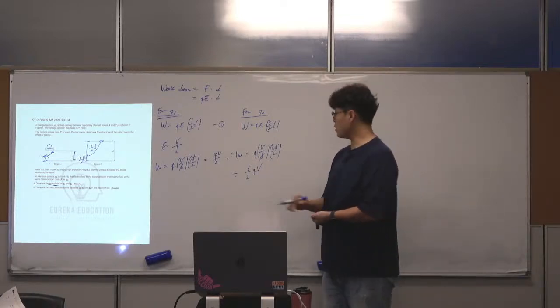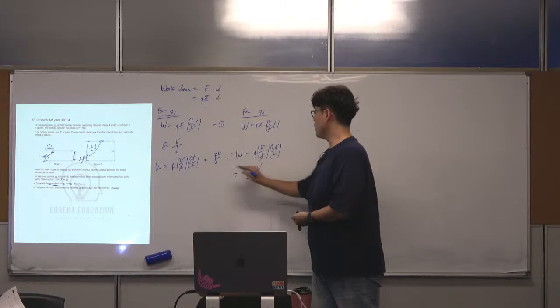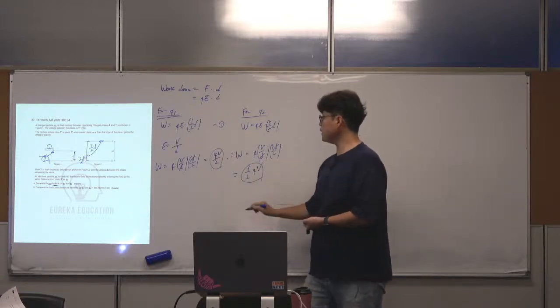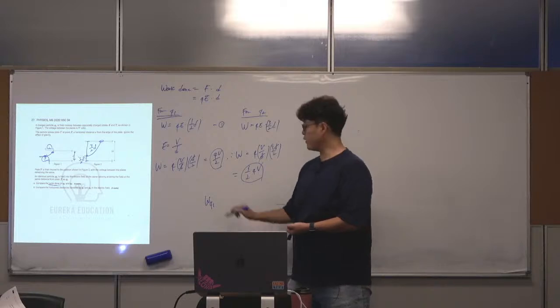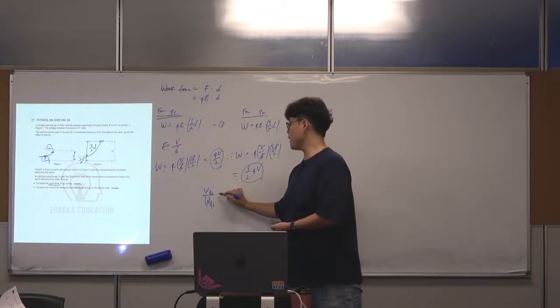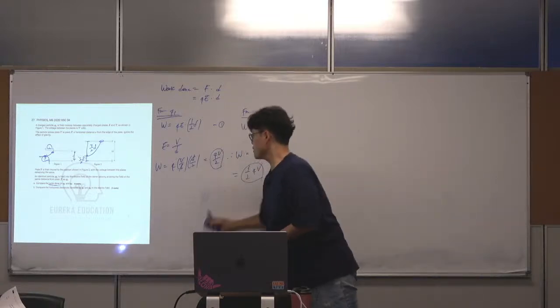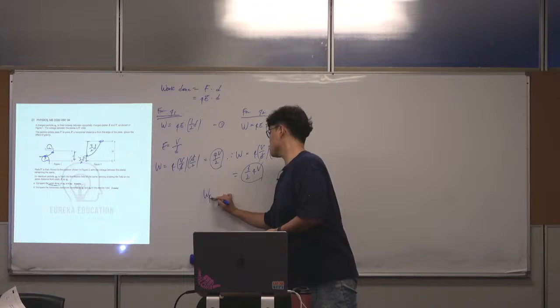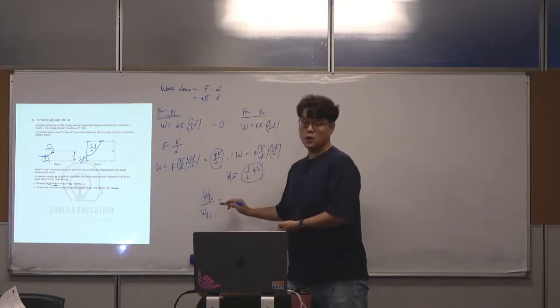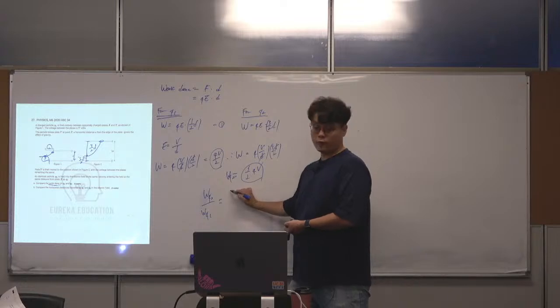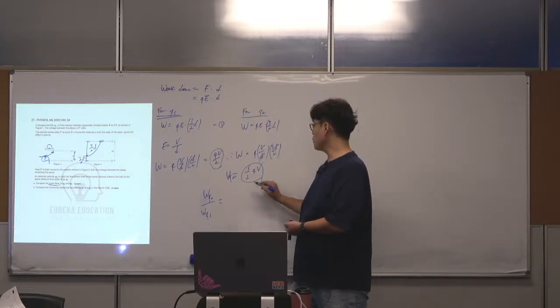Comparing number 1 and 2, let's divide the work done on Q2 by the work done on Q1. So that would be equal to 3 on 4?